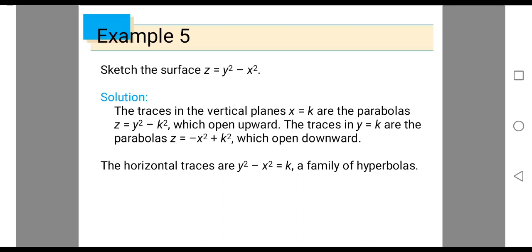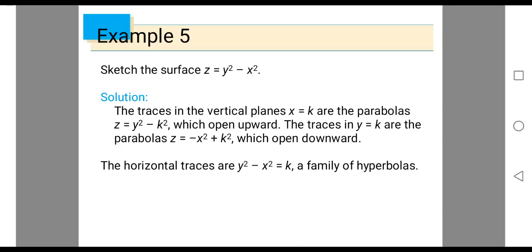So moving to the solution, the traces in the vertical planes x is equal to k are the parabolas z is equal to y square minus k square, which open upward. The traces in y is equal to k are the parabolas z is equal to minus x square plus k square, which open downward.